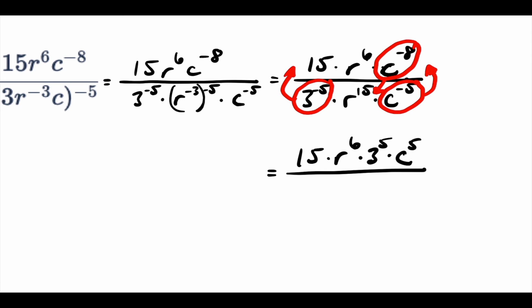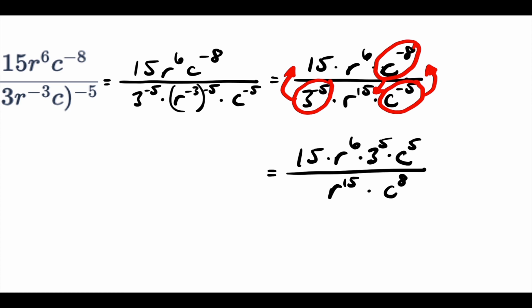Their powers became positive. The new bottom is r to the 15th, c to the 8, because the negative 8 became positive 8. Step 2 is done. I don't have any more negatives or zeros.